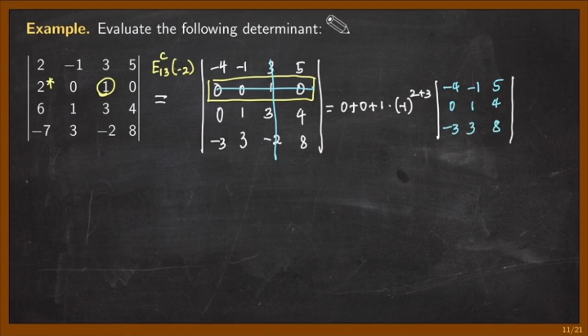Oh my god, I forgot to change the color. Anyway, plus 0. So now we have a 3 by 3 determinant, and it can be written now as negative. So let me just rewrite the determinant over here.